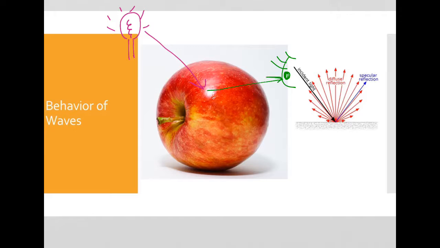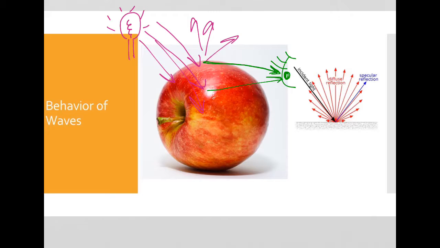But the apple surface is not smooth and the apple is rounded. So there are light beams hitting all these different areas, and some of them are being reflected in various directions, and the ones that happen to hit my eye are not the direct light, so that's why I don't see the apple as white. I see it as red, which is the only thing being reflected back to me at that point.